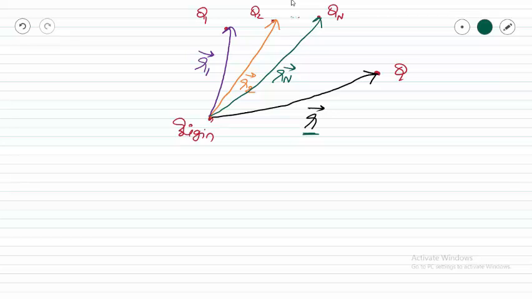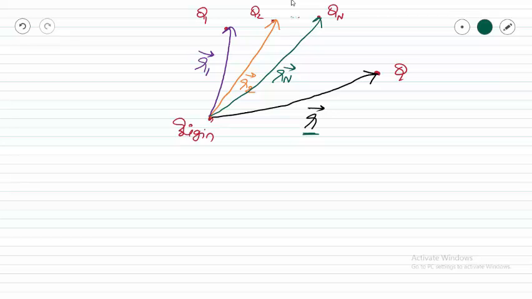So if you would like to find the force acting on charge q due to these n point charges, then we have to apply Coulomb's law by considering superposition.